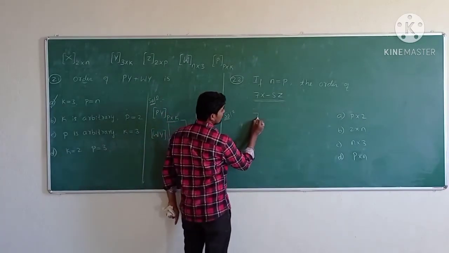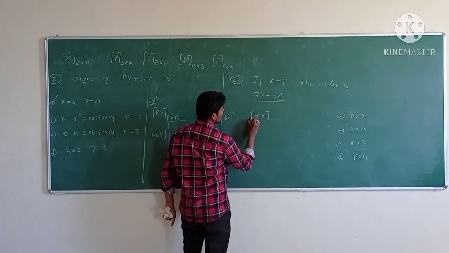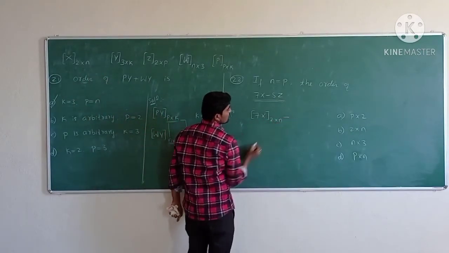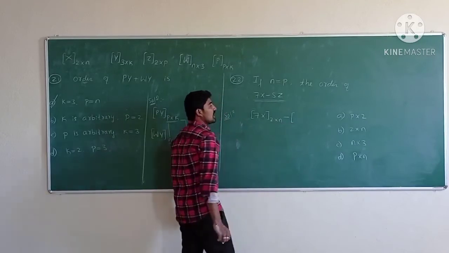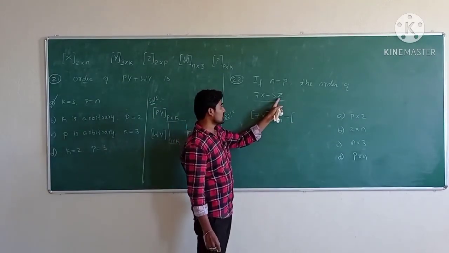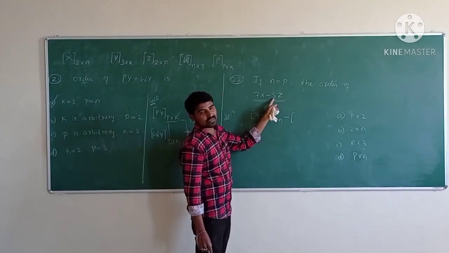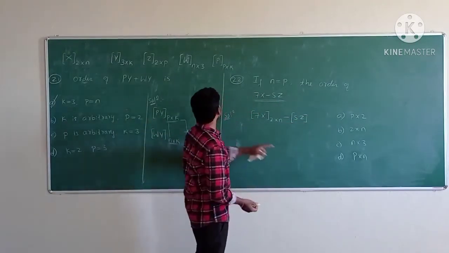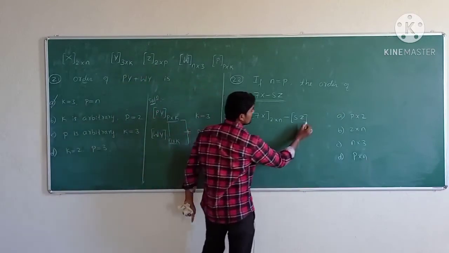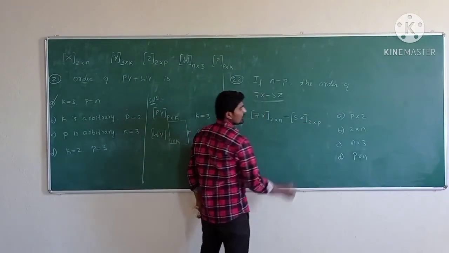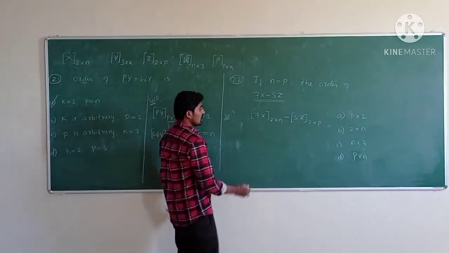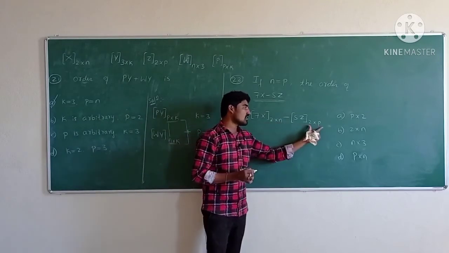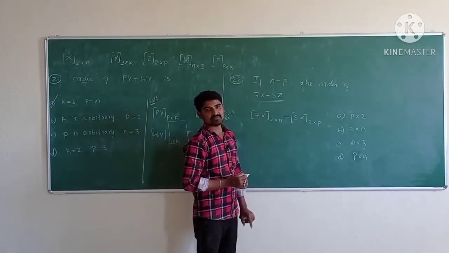And the order of the 7X matrix is 2 cross n, minus the order of the 5Z matrix. Here the scalar multiple of Z is 5. So the order of the matrix 5Z is equal to the order of the matrix Z, that is 2 cross p. And now the difference of these two matrices is possible only when the orders of both matrices are the same.